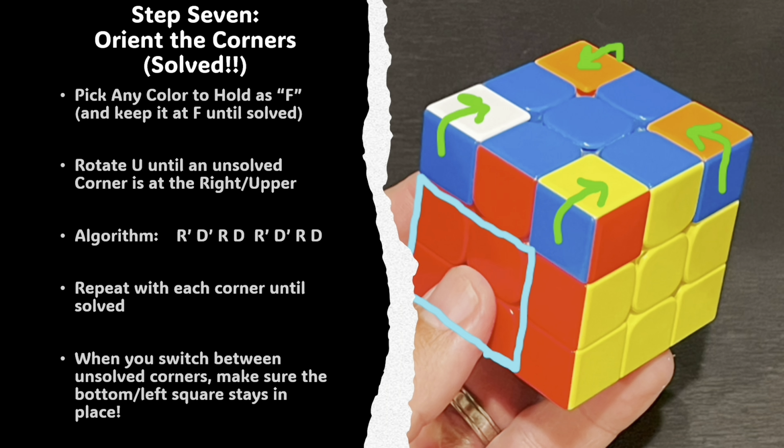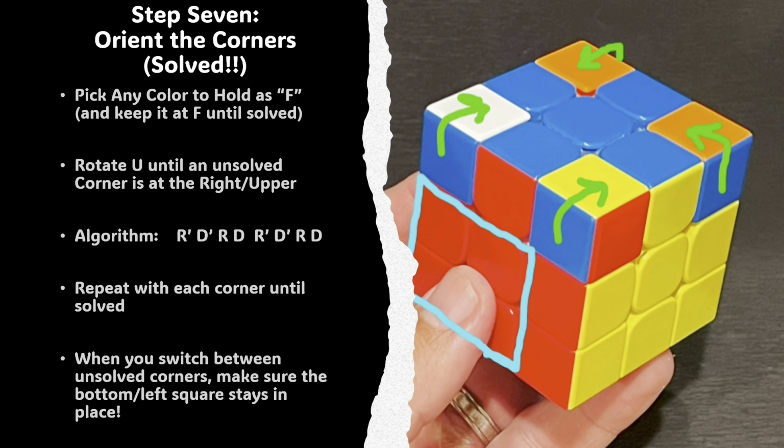We are going to rotate the U layer until we have any unsolved corner piece in the upper right-hand corner. Once we have an incorrectly placed corner piece in the upper right-hand corner, we are going to do the following algorithm until that corner is properly faced.